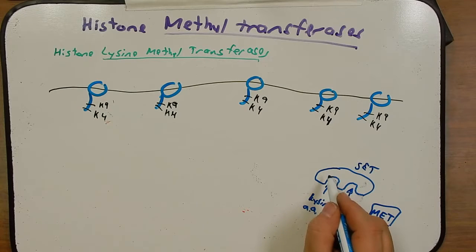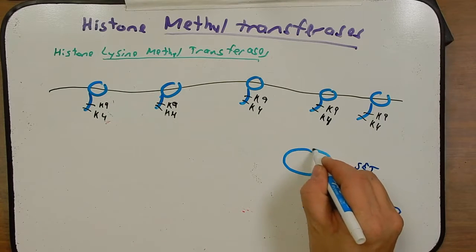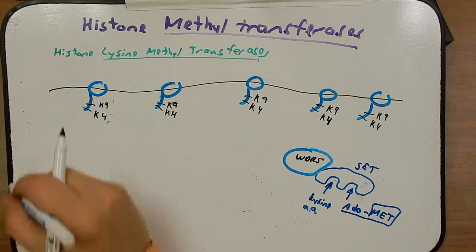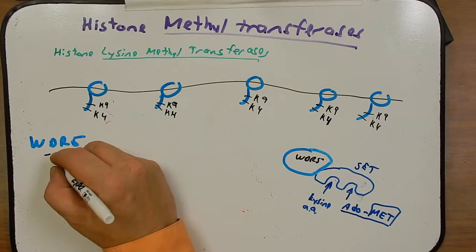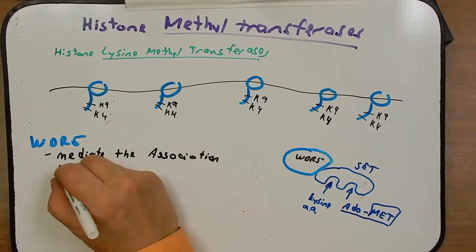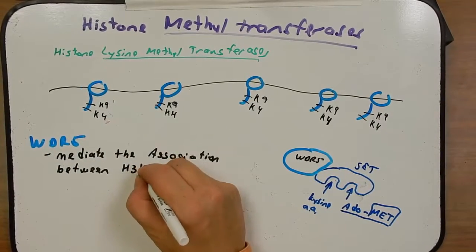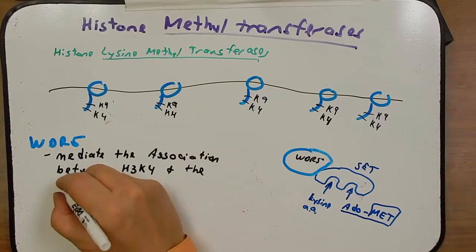So I'm going to draw it over here. We have another protein that binds to this complex around here called WDR5. WDR5 acts to mediate the association between H3K4 and the methyltransferase complex.